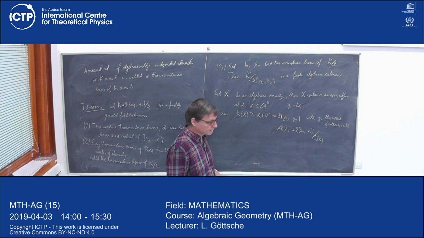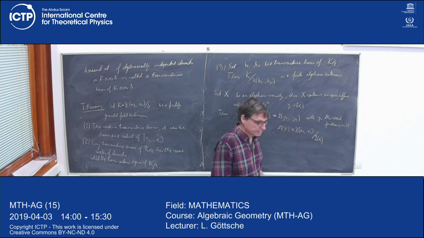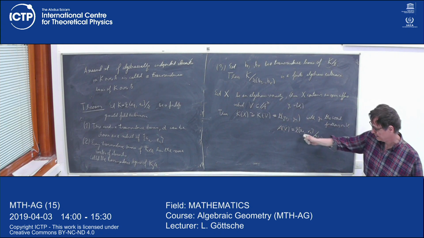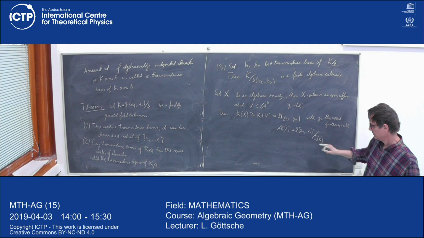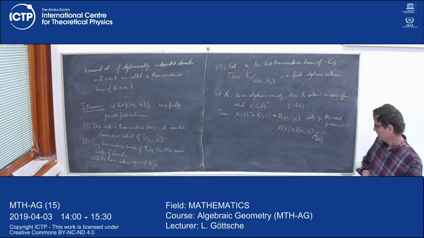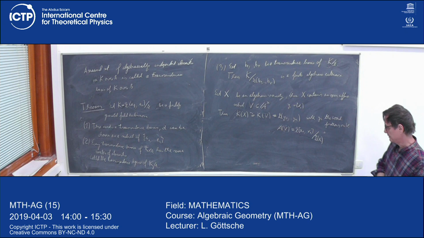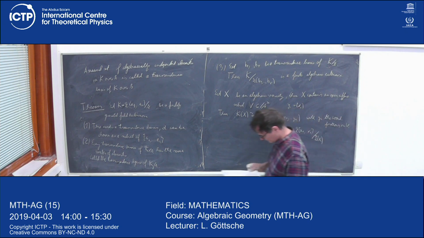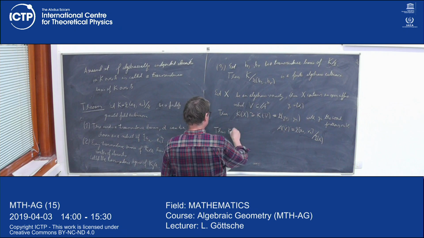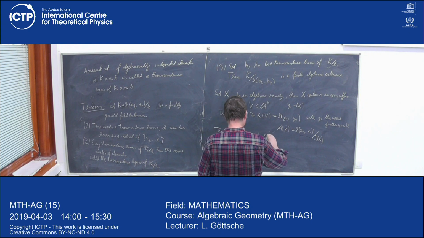If you add the elements y1 to yn and take the fraction field, you just get the field extension generated by them. Thus k(X) over k is a finitely generated field extension.